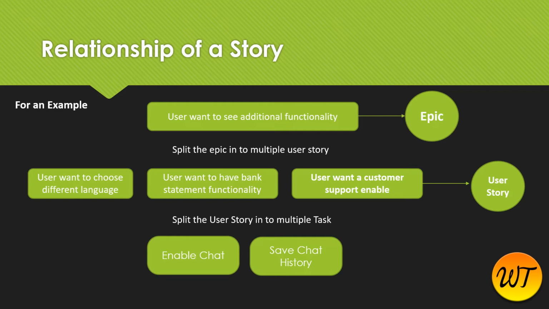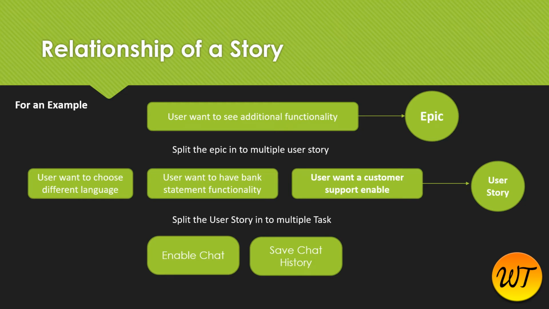For example, the user wants to choose a different language. That is one type of user story. The user wants the bank statement functionality. The user wants customer support enabled. These are all user stories. We can have multiple user stories like this for an epic.